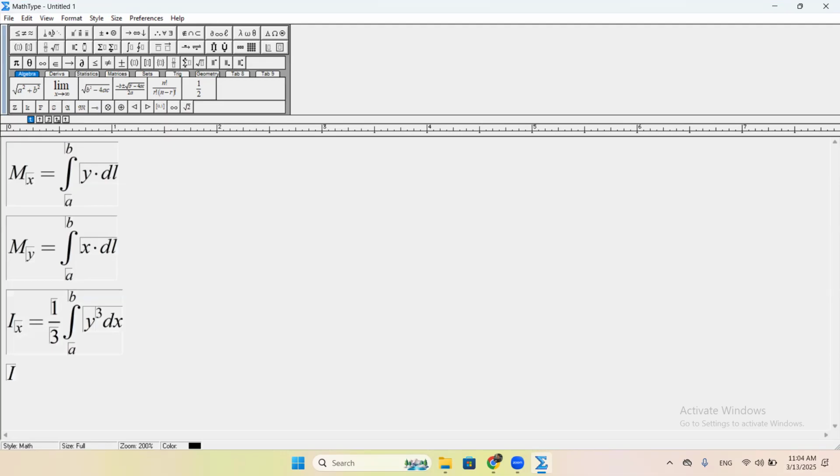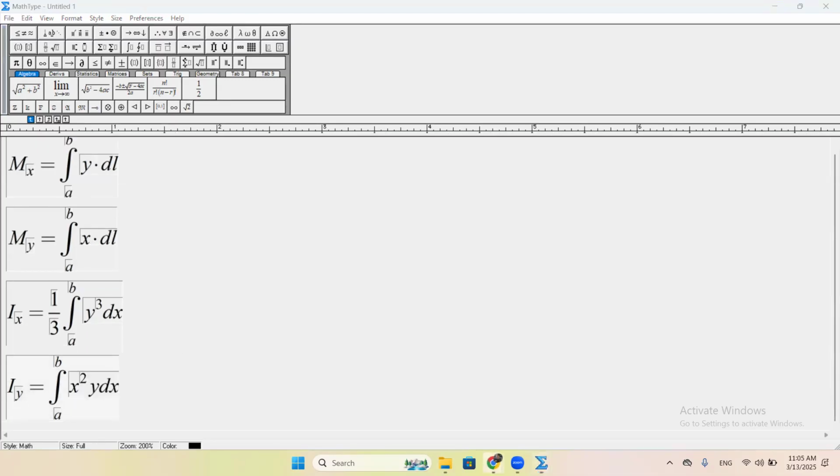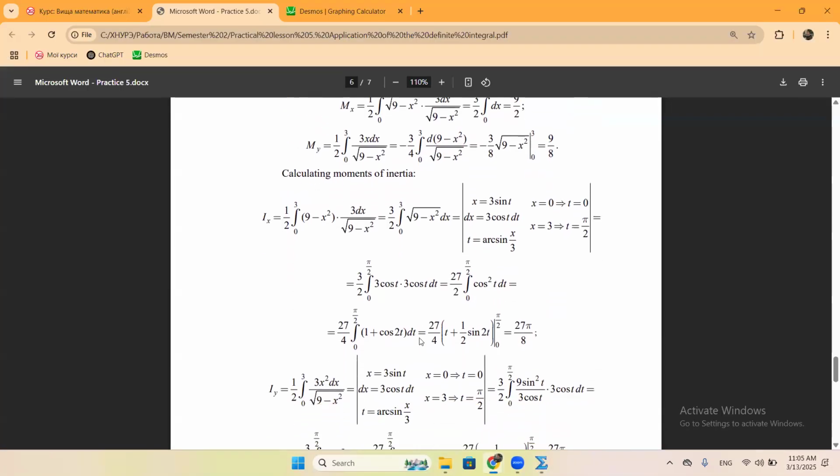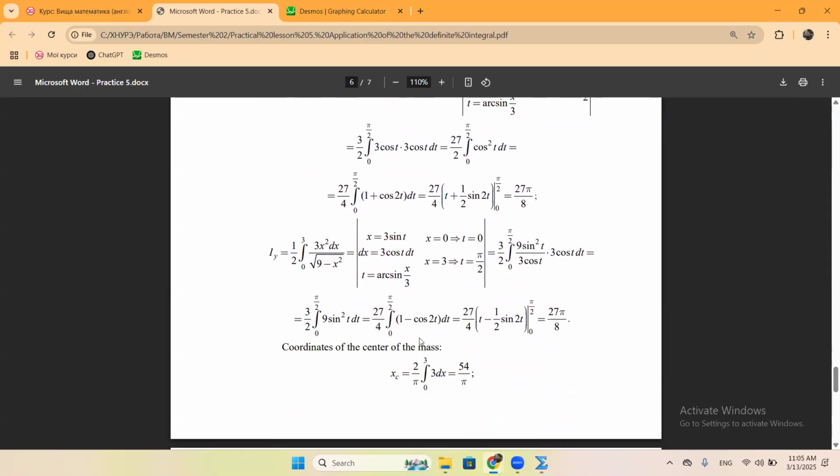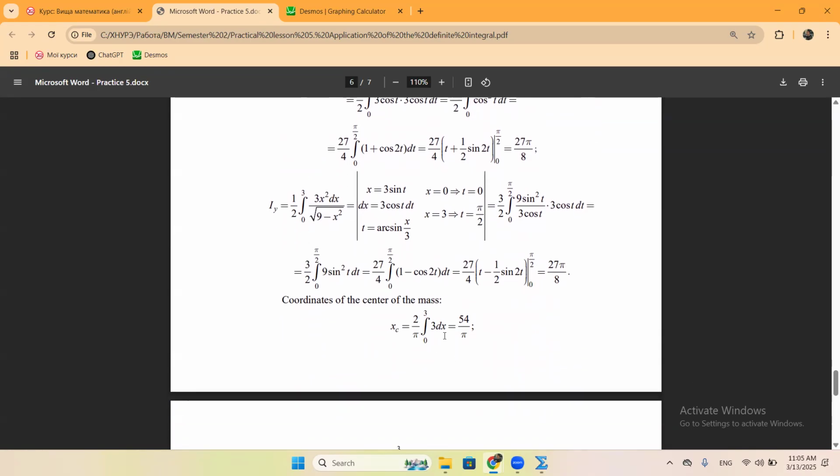And for the y-axis, we can use the following formula: from A to B, x cubed y dx. These formulas are used here as well, so you can see it in your own notes.